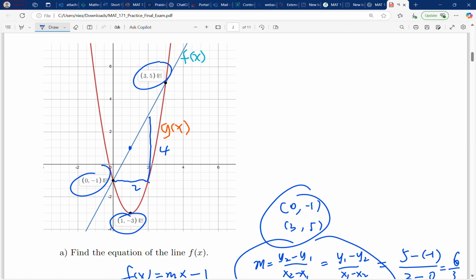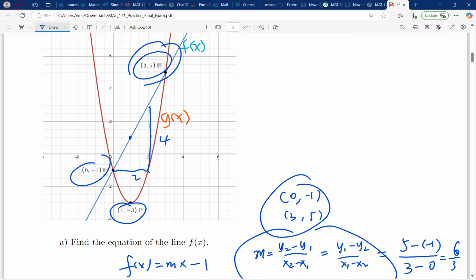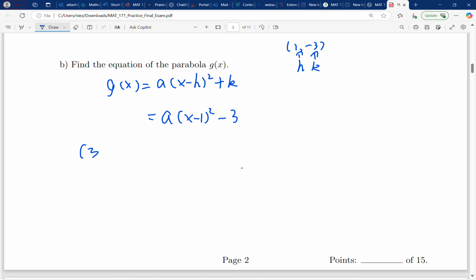I'm going to use the point 3, 5 again, since it's labeled very clear. So you plug 3 and 5 inside, that means you let x equal to 3 and y equal to 5. Here we don't have y, that means g of x equal to 5.